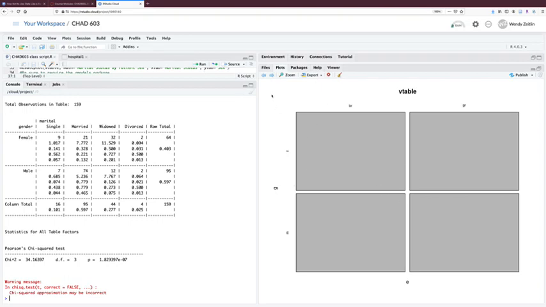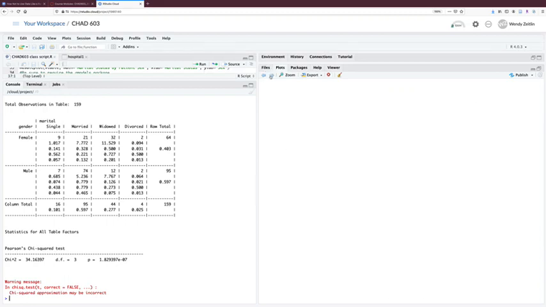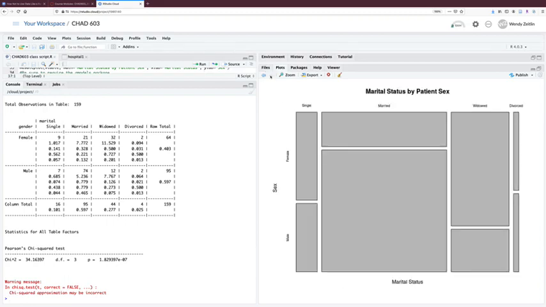So when we scroll to the end here, we can see that there's probably not a relationship between being divorced and gender, not so much between being single, but we can conclude, because we have a statistically significant difference, that there's a statistical relationship between gender of patients, or sex of patients really, and marital status for those who are married and widowed. So that's it.